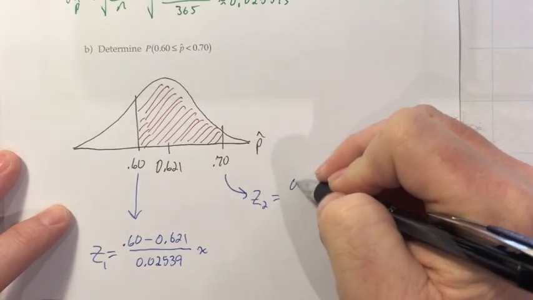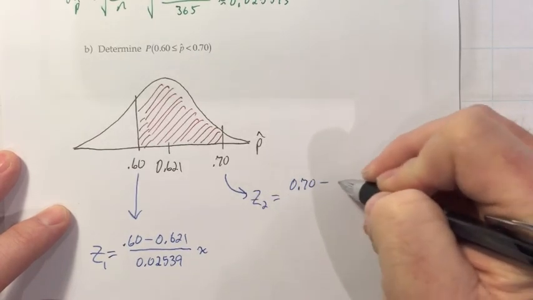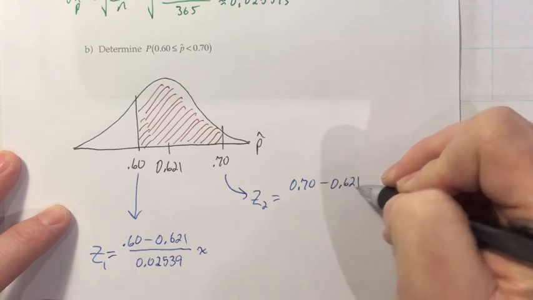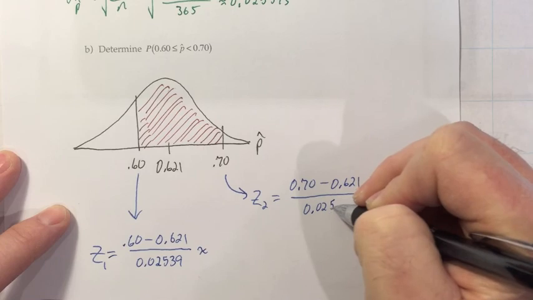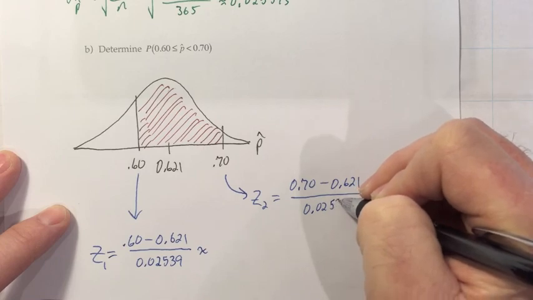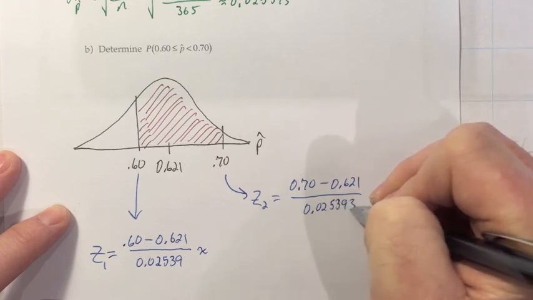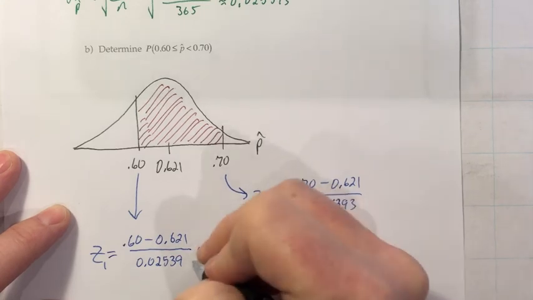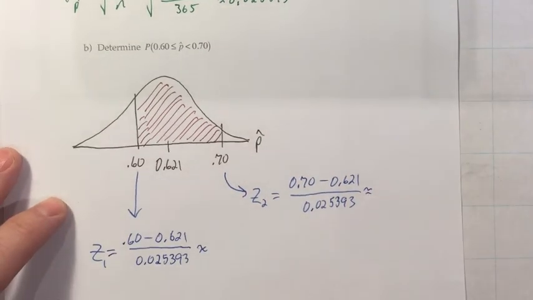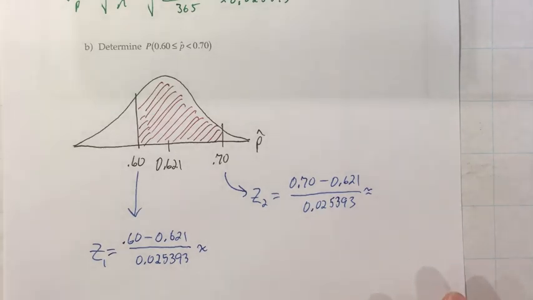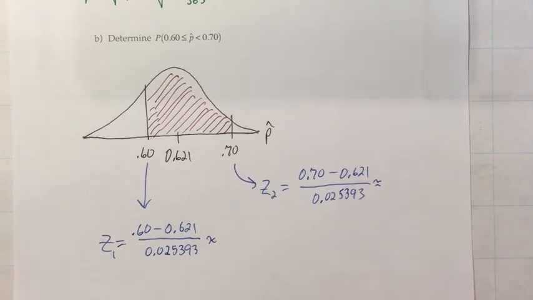And z2 would be the same thing, just with a 0.70 instead, but the mean of the p-hats is the same, the standard deviation of the p-hats is the same. And I just noticed I didn't put the 3 here, so we'll slot that on there. And then we'll get both of those one at a time, but it's useful to be thinking of doing them at the same time because the calculations are so similar.